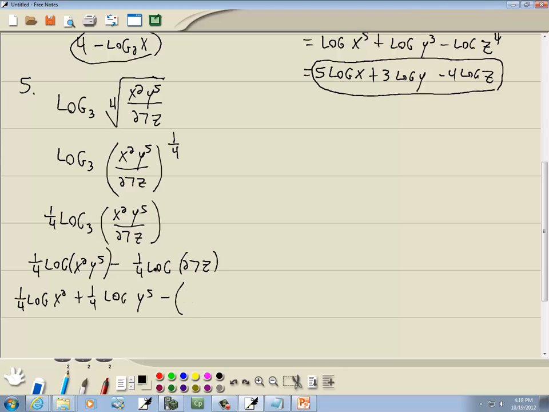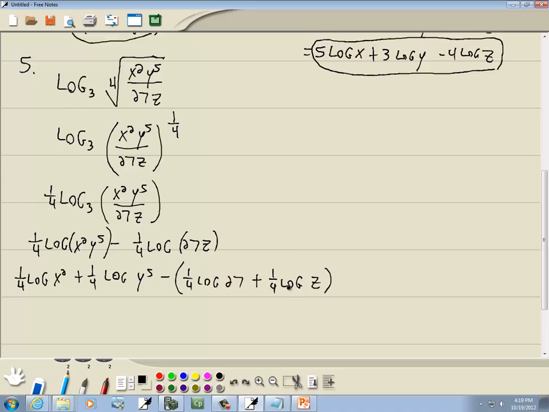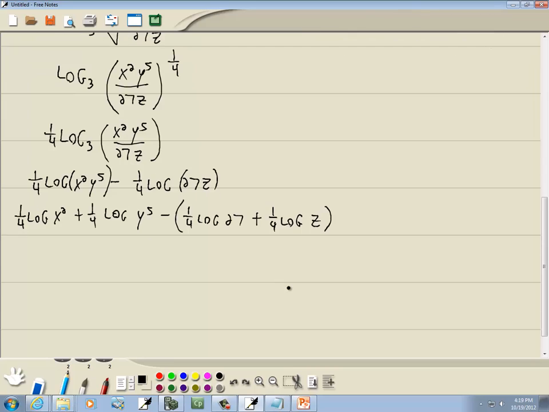Now I'm going to put a parentheses here because this negative has to affect everything that follows it. So as we rewrite this log over here, it has to change the sign of both of these. Well, I got 27 times z, that's multiplication. So I'm going to have 1/4 log 27 plus 1/4 log z. Now again, the 1/4 has to be out in front of each one of those logs.